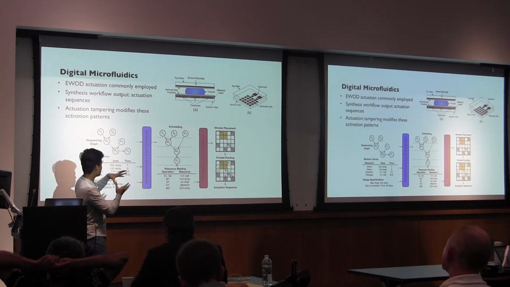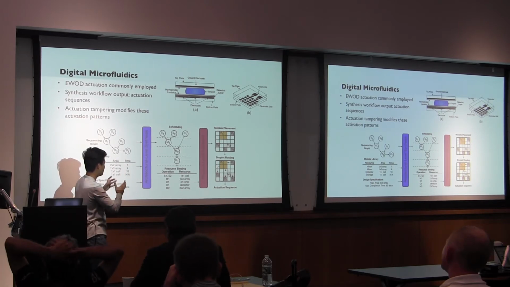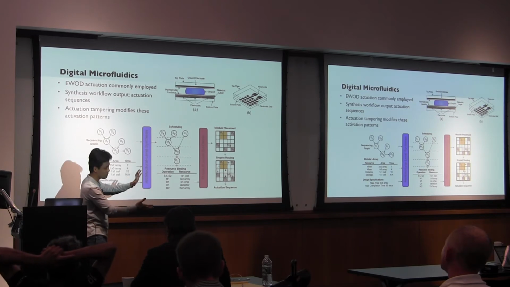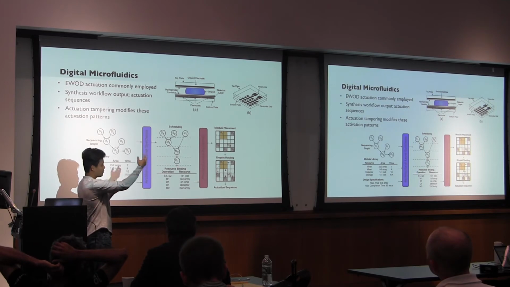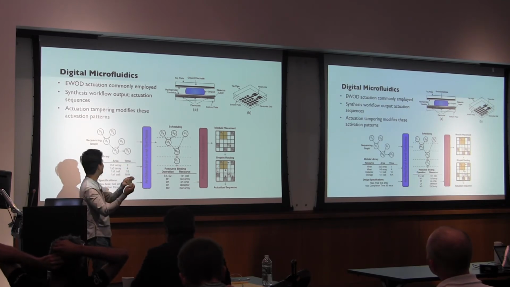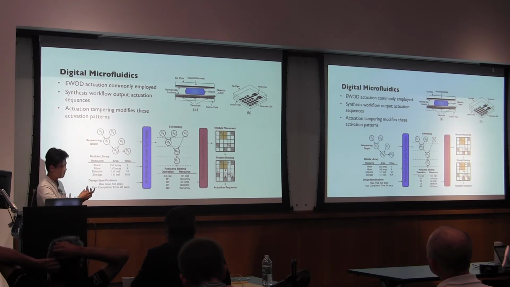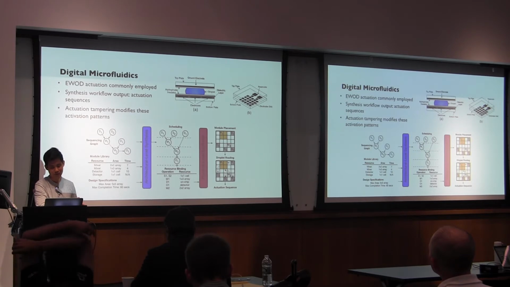You go through this architectural synthesis phase where you schedule the operations, you bind the resources, and then you feed it to the next stage, which is physical level synthesis, where all these virtual operations are mapped to the biochip. And then you route the droplets to where they need to be so that they can execute the operations on time.